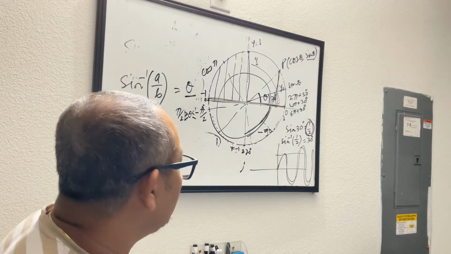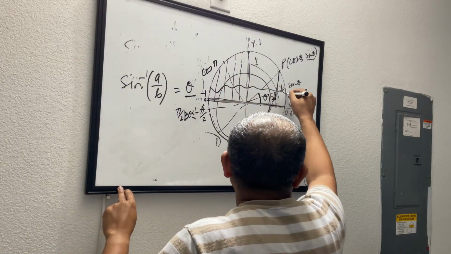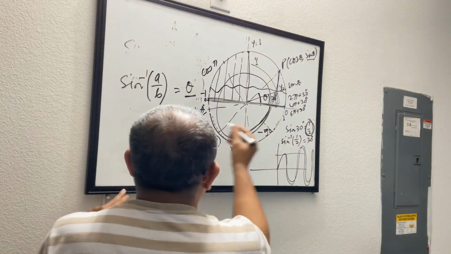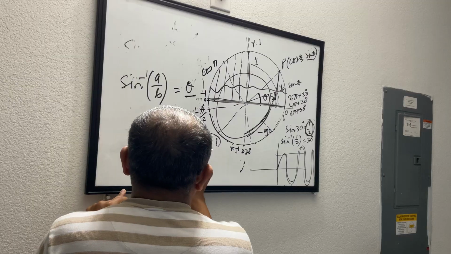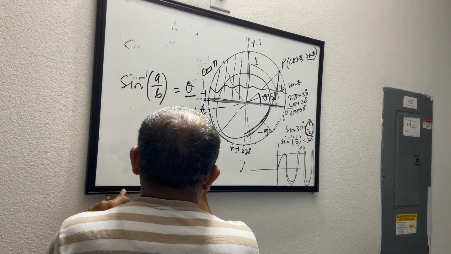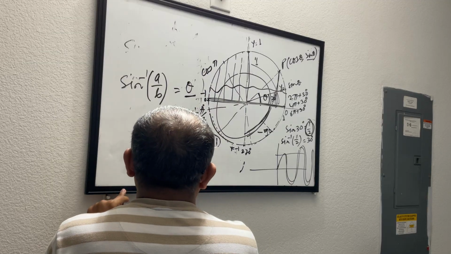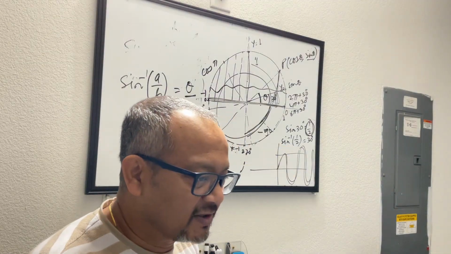So for your arc cos or cos inverse function, you are restricting your angle to be greater than or equal to 0 and less than or equal to pi. You don't have to go to the third and fourth quadrant to create more confusion for yourself.